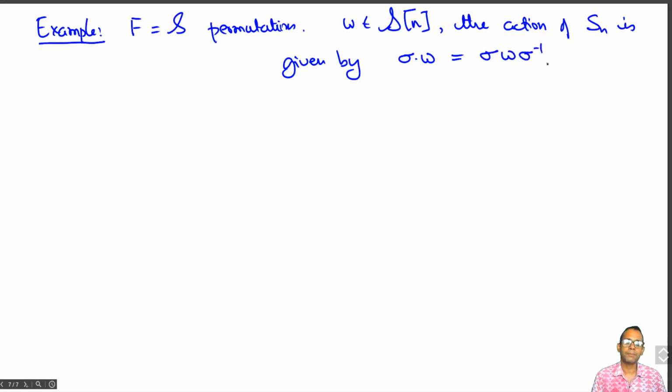This is as we explained when we defined endofunctions, and permutations are a subset of endofunctions. So that's the transport of structure under sigma.